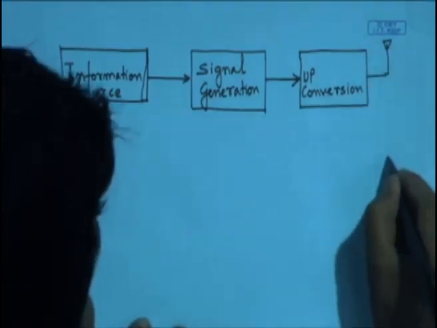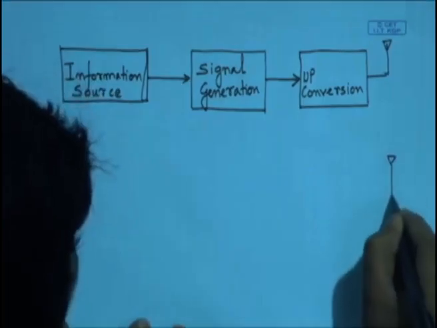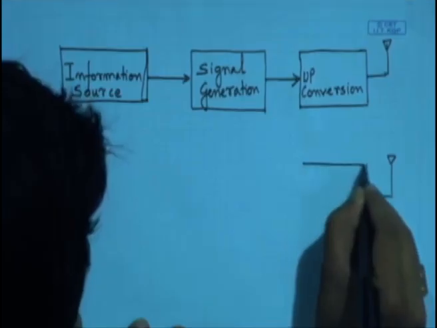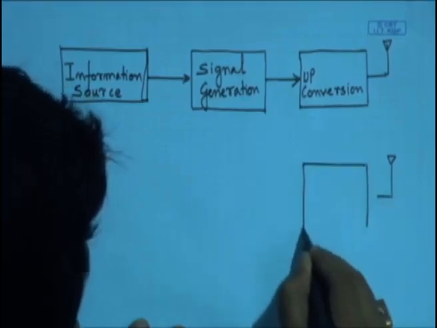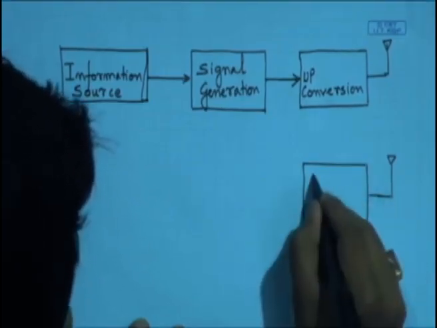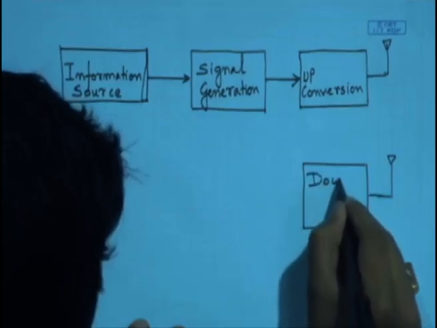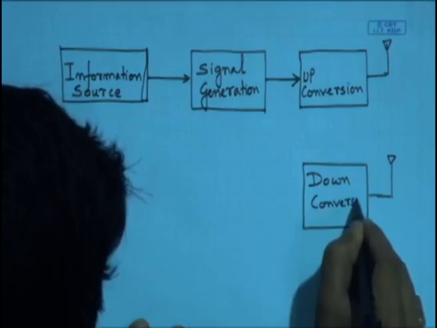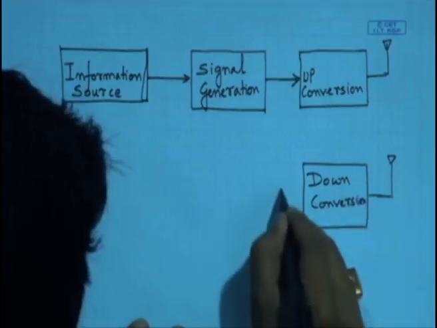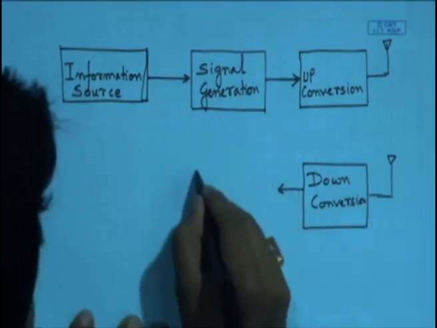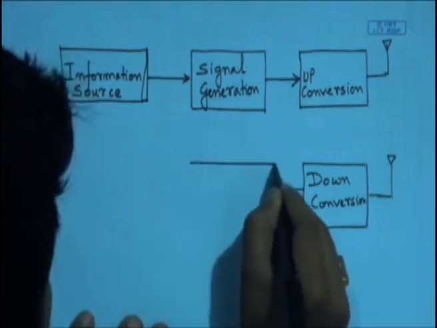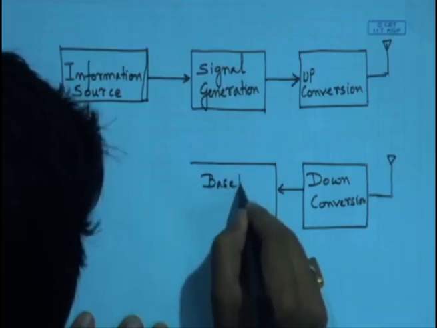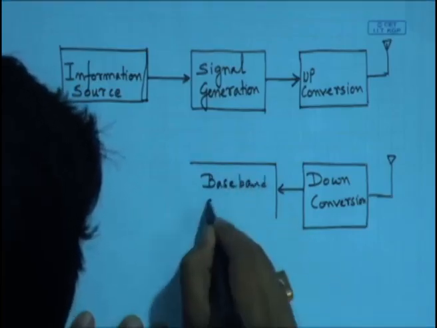At the receiver, we have the reverse link happening. We have the down conversion, followed by baseband signal processing.